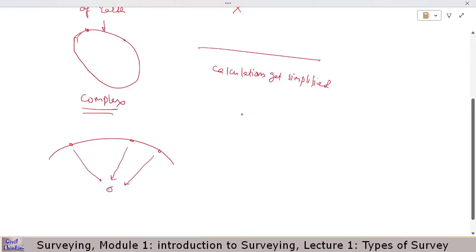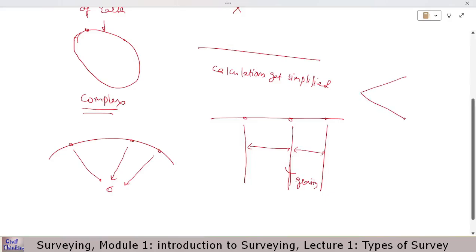But here, the lines are straight, equidistant lines along the direction of gravity, right? Because they are parallel, the calculations get simplified. For example, if you have a triangle, if this is a plane triangle, we know the sum of the angles, right?